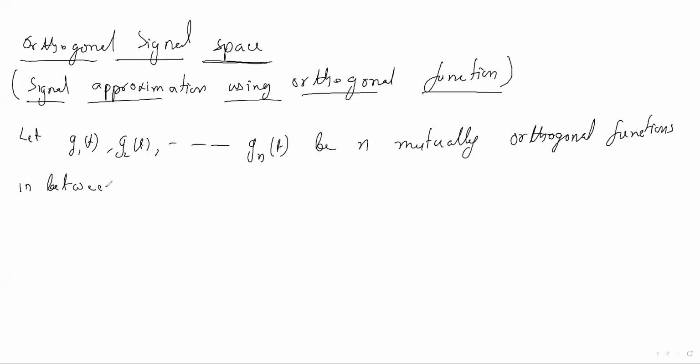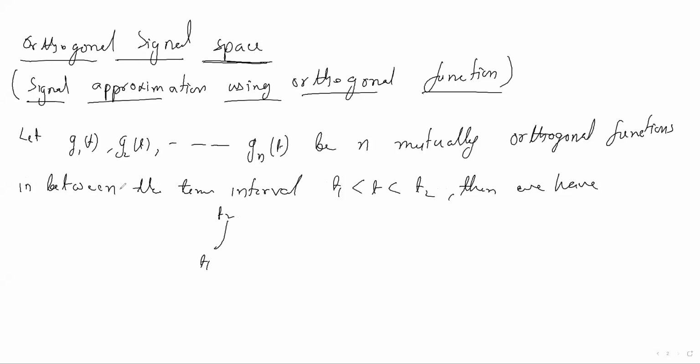If they are orthogonal, the relation between them in the time interval t1 to t2 is this: integration from t1 to t2 of the product of any two functions, gj(t) and gk(t), equals 0.